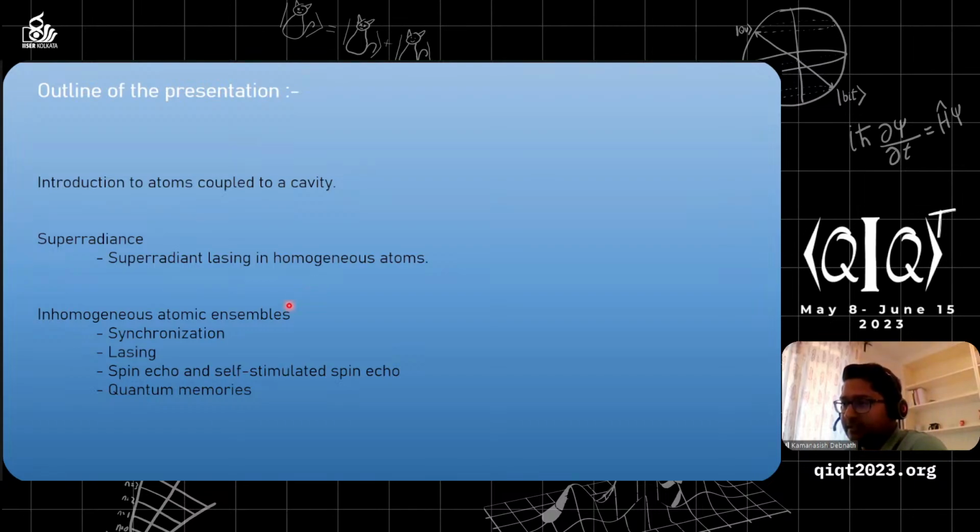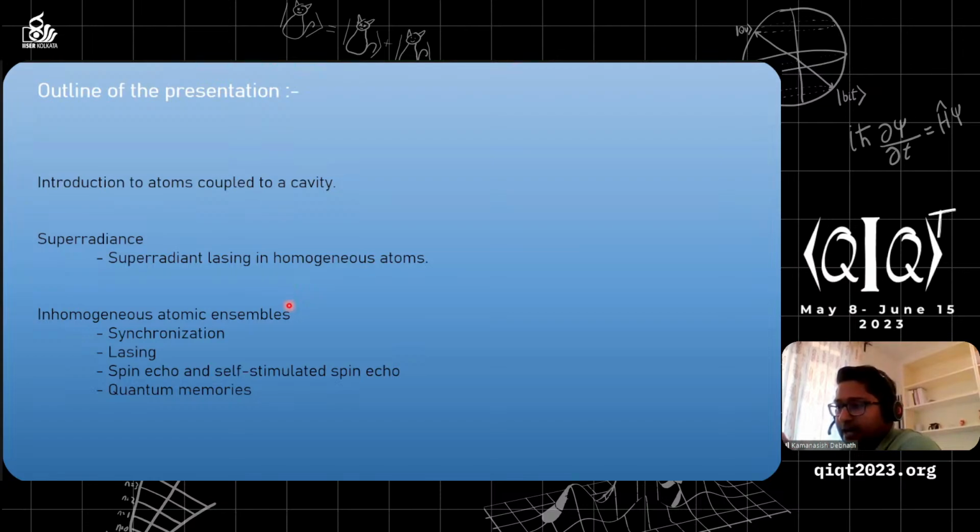And in the first two cases, for synchronization and lasing, it won't be the full-fledged inhomogeneous broadening, but rather atomic ensembles. Let's say you have 10 ensembles with different frequencies, rather than a collection of atoms where the inhomogeneous broadening is a continuous distribution.